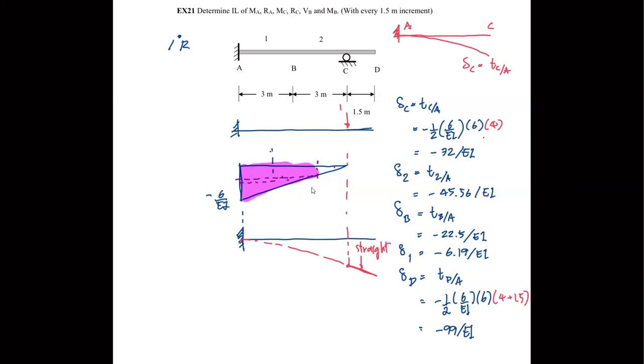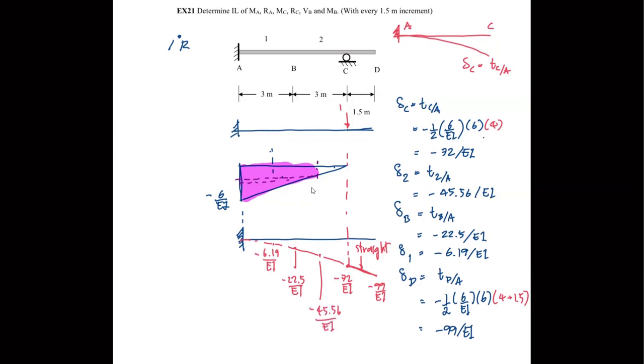And here is minus 72 over EI. Here is minus 99 over EI. Here is minus 6.19 over EI. Here is minus 22.5 over EI. And here is minus 45.56 over EI.